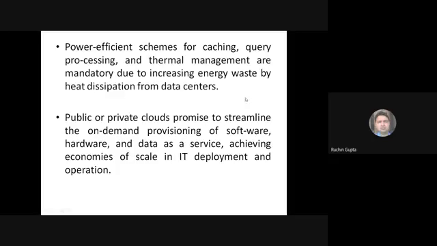So what are data centers? Data centers are centers with a huge building in which a number of computer systems are located, responsible for providing services to different cloud consumers. It is also necessary to reduce the energy waste by heat dissipation from the data centers.